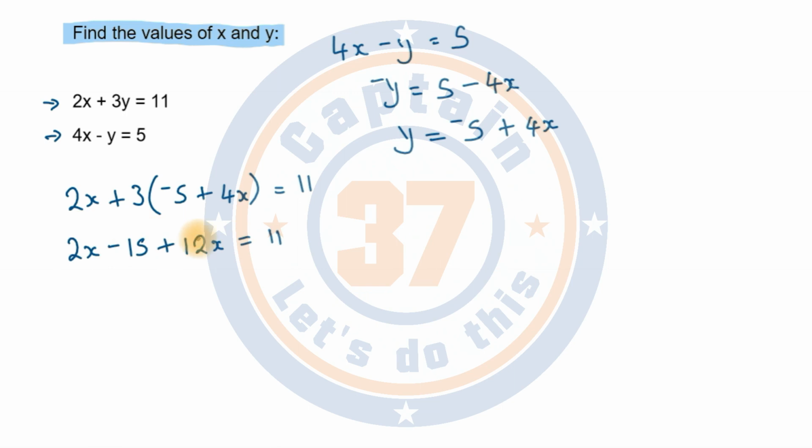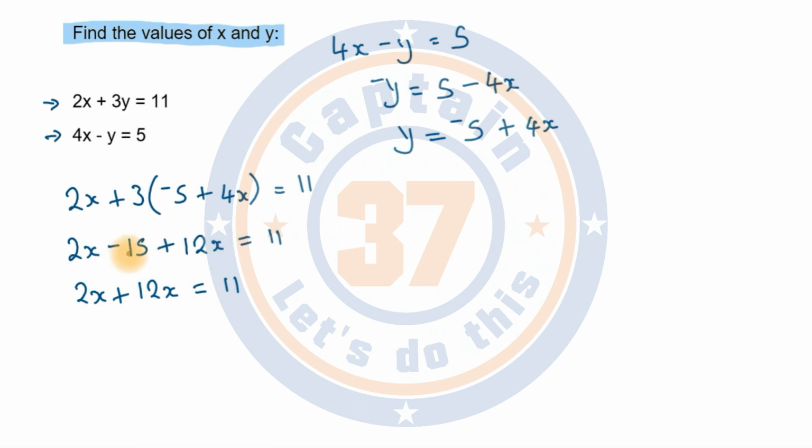We have 2x here and 12x there. So write 2x plus 12x is equal to 11. We get this negative 15, cross it over the equal to sign, it's going to become positive.